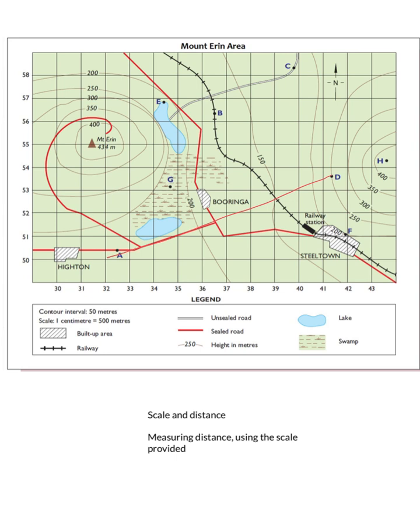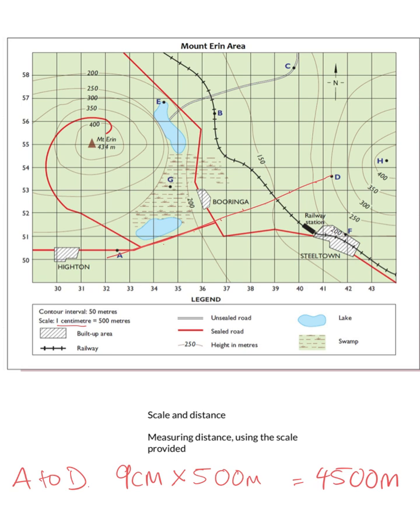So we're going to do A to D. We pop the ruler along there: 1, 2, 3, 4, 5, 6, 7, 8, 9. I don't have my ruler while explaining this, but say it's 9 centimeters. We've got 1 centimeter equals 500 meters, so we go 9 times 500 meters, and that's going to be 4,500 meters.